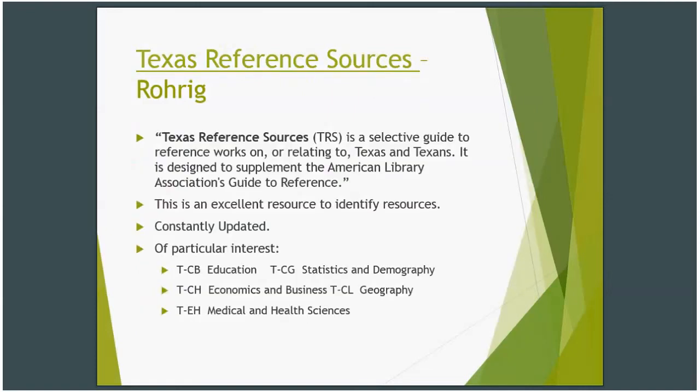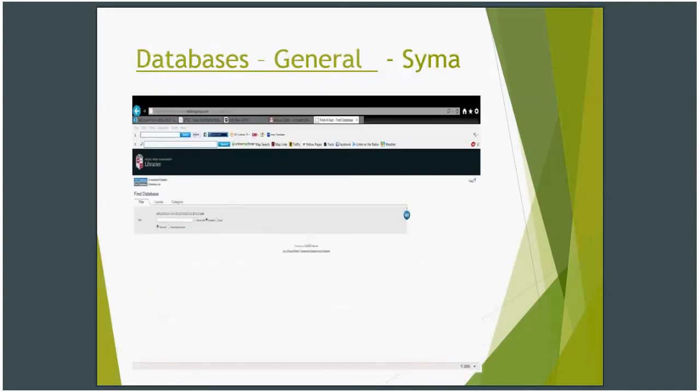So this is supposed to supplement the American Library Association's Guide to Reference, and these areas, education, statistics and demography, economics and business, medical and health sciences, I found the most useful for this topic.